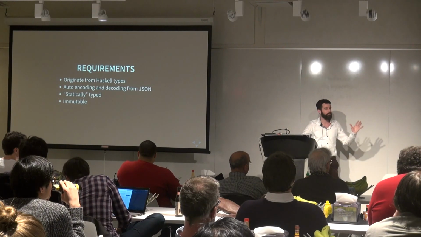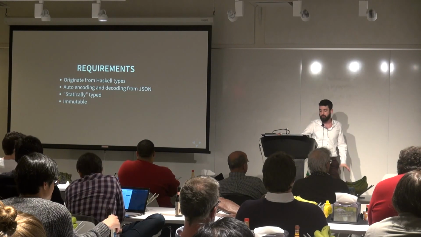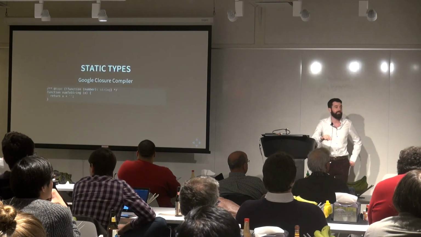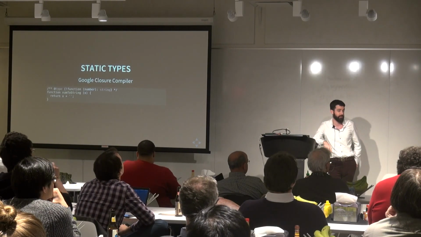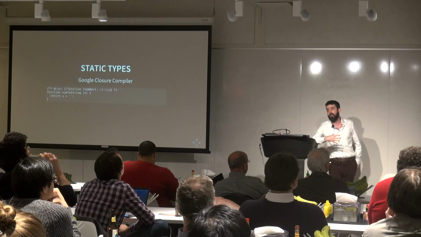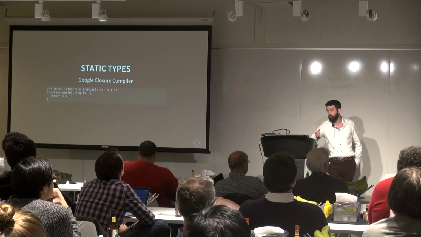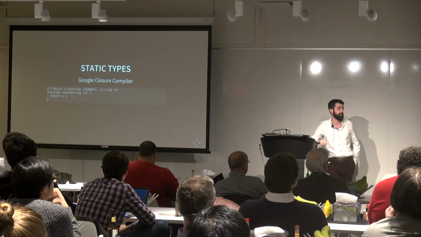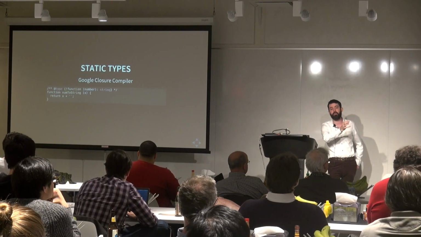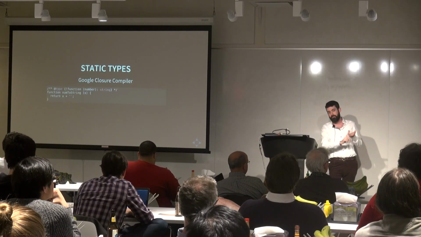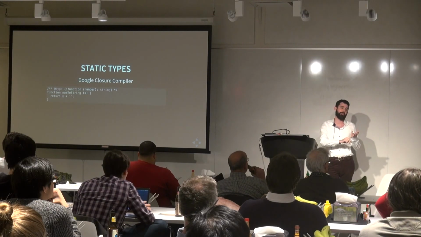So in no specific order, we're going to run through some of these requirements. For static types, we chose Closure Compiler. This is partially a decision based on history. We were already using it. And partially a decision based on where this piece of technology is. There are other players in this JavaScript type spectrum now. There's Flow, there's TypeScript, there's AtScript.